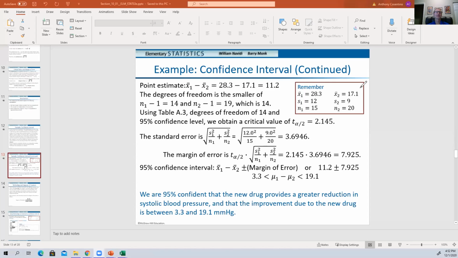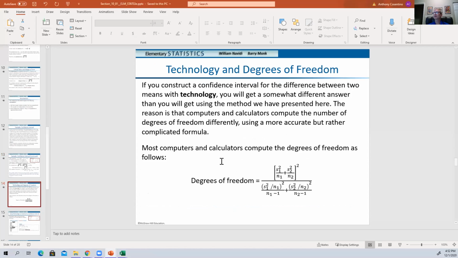If you do it with technology, let me show you what the crazy formula looks like. So the crazy formula, well, here was the calculation we just did by hand. Here is the crazy formula for degrees of freedom using technology.